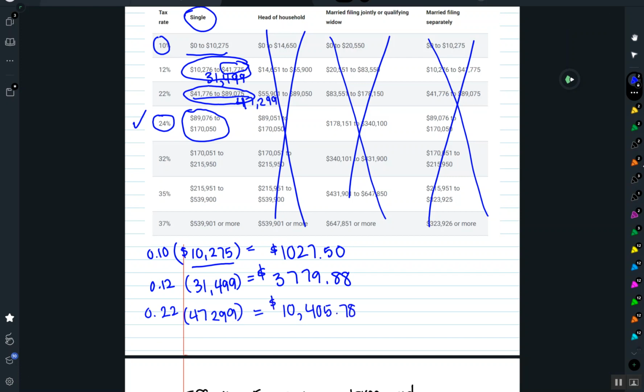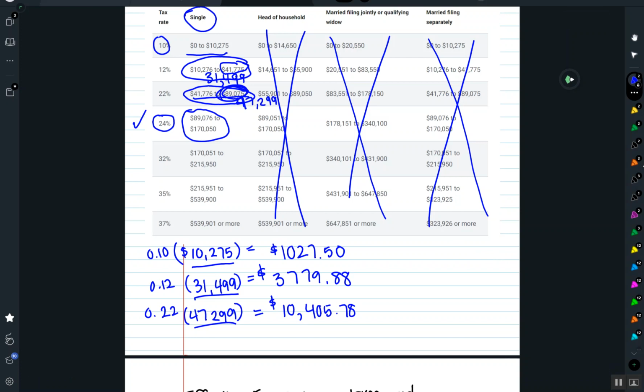Okay, so far we've taxed, if we add up all these numbers, you can see how much of your money you have taxed. So I'm just adding up all these numbers. So far I've taxed up to the 89,000. It's about this number, okay?